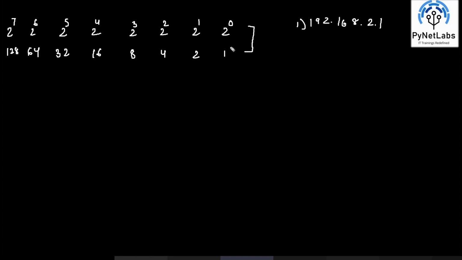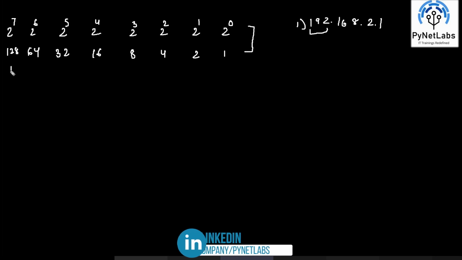All you have to do is take the value of the first octet, which is 192, and try to make 192 out of these values. If we take 128 and 64 and add them together, we get 192.